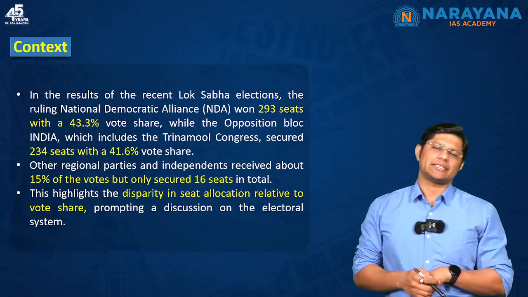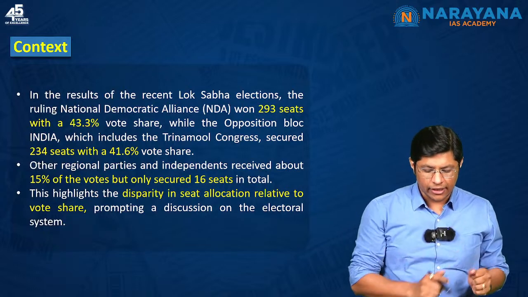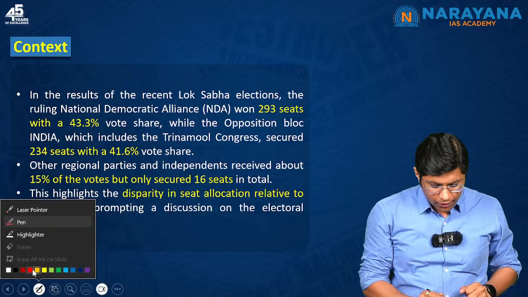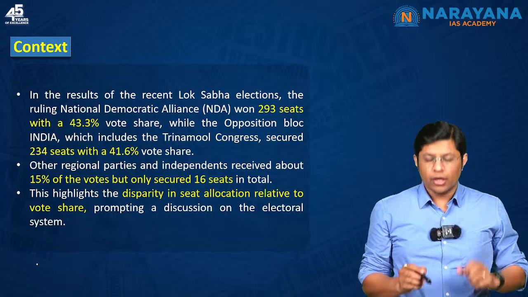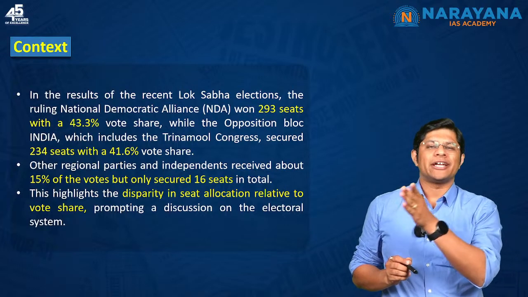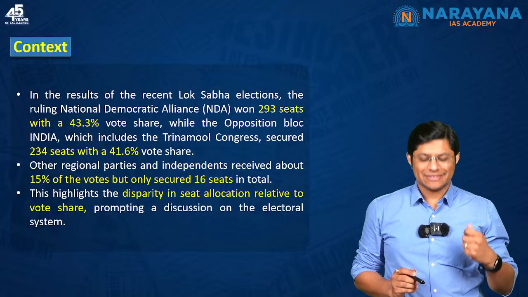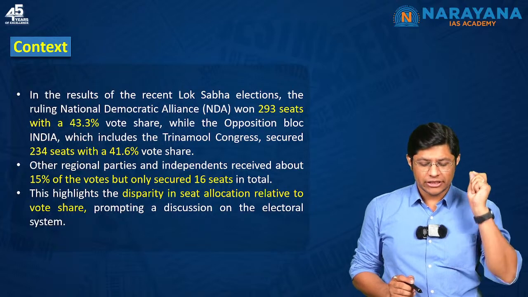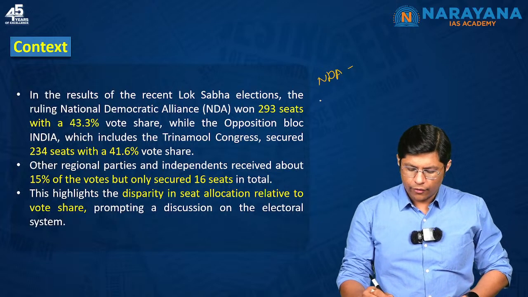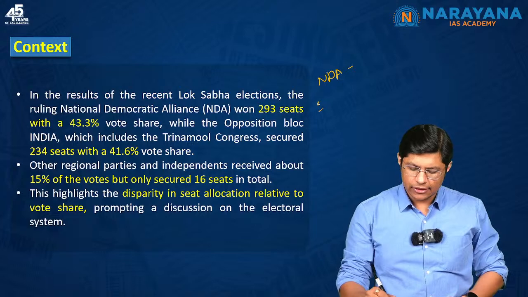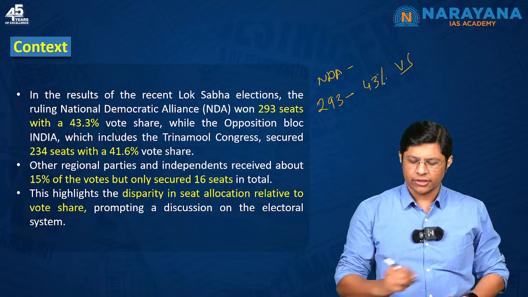What is the context? In the recently concluded Lok Sabha elections, the NDA, which is a coalition of BJP and other political parties like TDP and Janata Dal, won 293 seats with a 43% vote share.